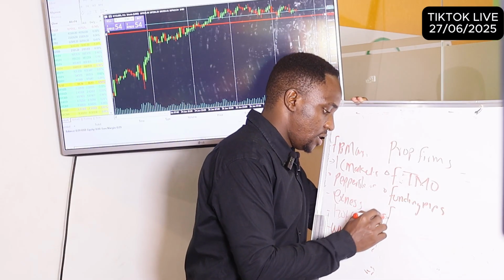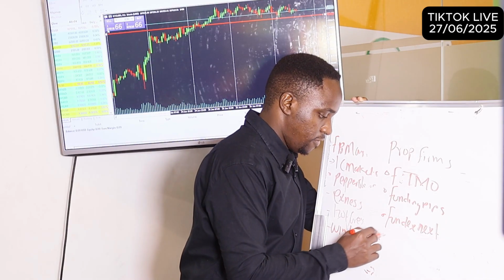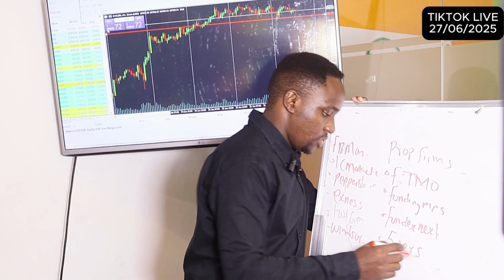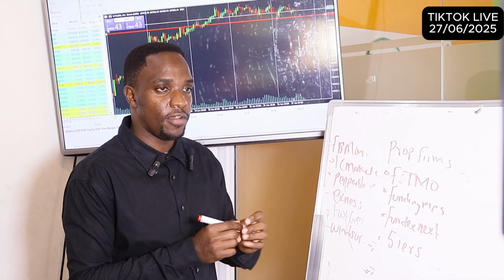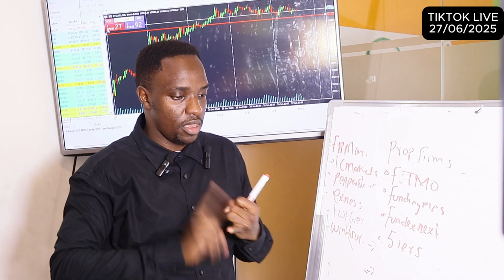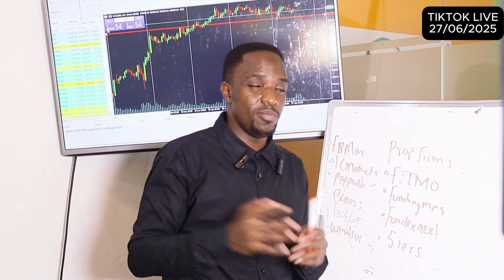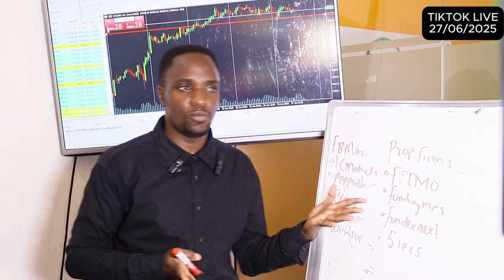We have Funded Next. We have Fivers. These ones are some of them. The reason why I'm recommending these ones is because I have had accounts with them. I think the other one that I recommended was Equity Edge. As for Equity Edge, they are very good because they are very cheap.